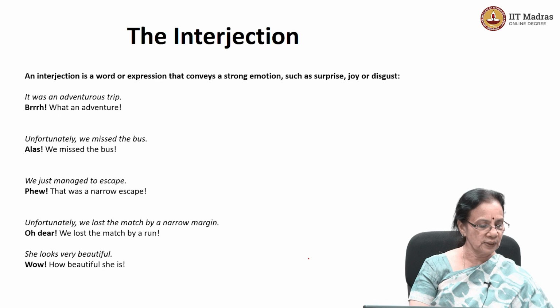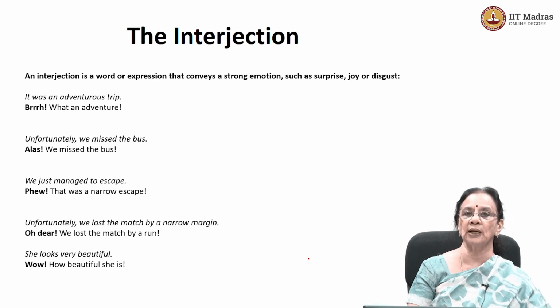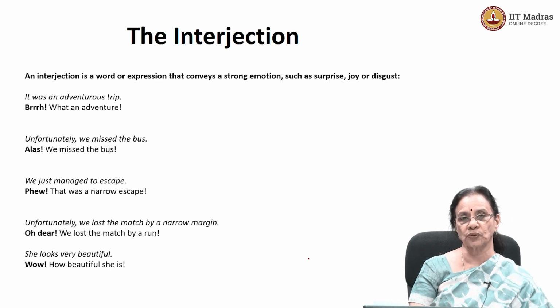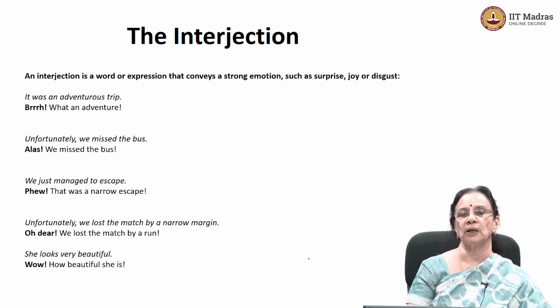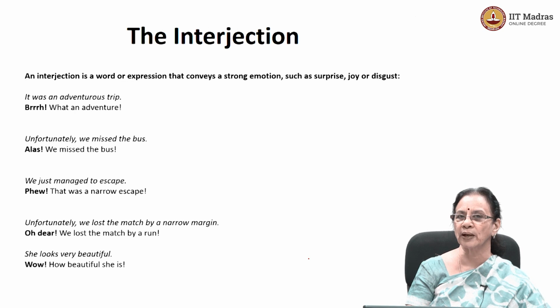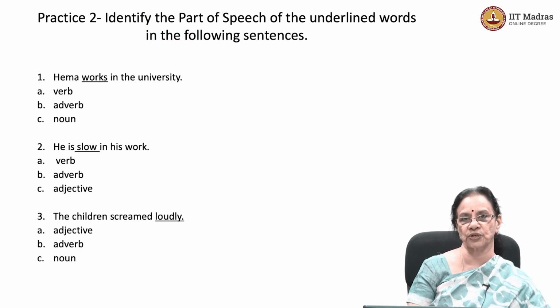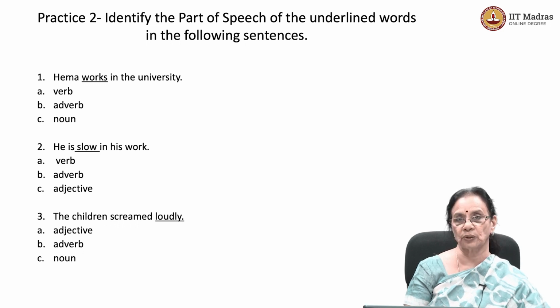So, with that we have come to the end of this session. What is it that we have studied? Before we wind up, it would be very good to have a very quick practice test for you. You can pause the video before you do the test. You can make some notes also if you wish.